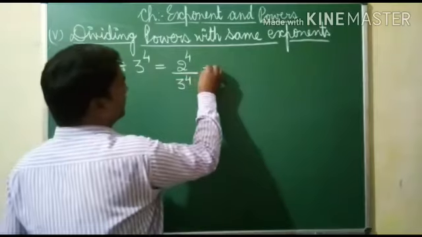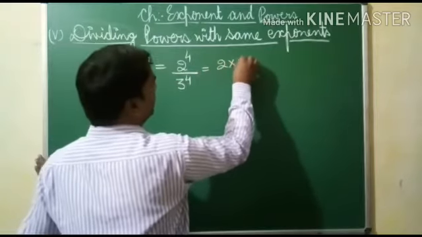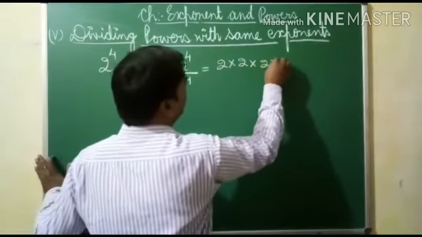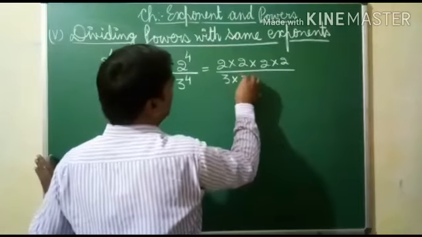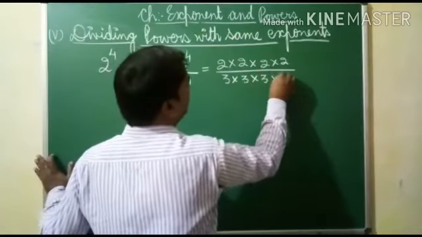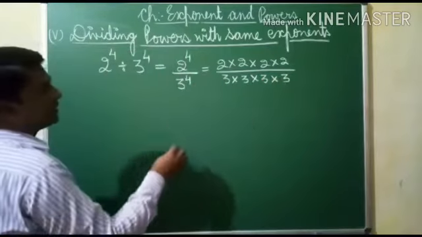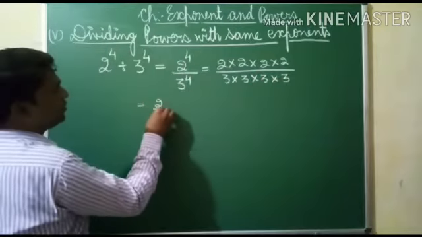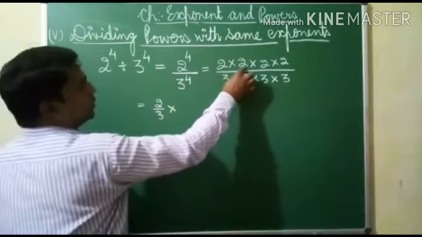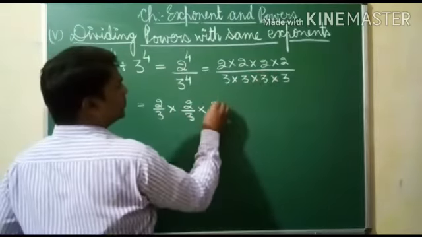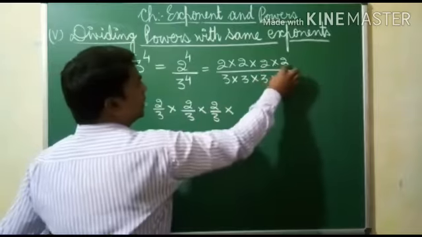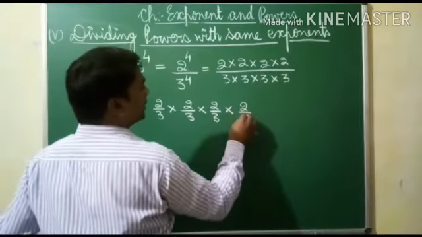Now 2 raised to 4 can be written as 2 multiplied by 2 multiplied by 2 multiplied by 2, divided by 3 multiplied by 3 multiplied by 3 multiplied by 3, which can be further written as 2 by 3 multiplied by 2 by 3 multiplied by 2 by 3 multiplied by 2 by 3.